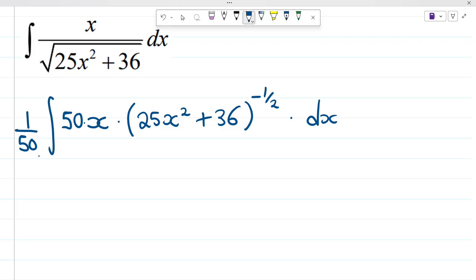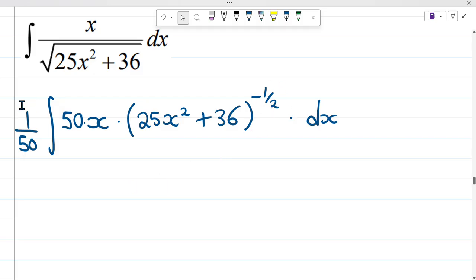But then you don't cancel them out, of course, because you don't want to go back to how the question was. You are trying to answer this question. So now that you have the derivative of whatever is inside the brackets, you can make use of the general power rule. General power rule states that if you have f of x and this is f prime of x, and the n here is not equal to -1, then your answer to this integral is f of x to the power n plus 1, divided by n plus 1, plus c.